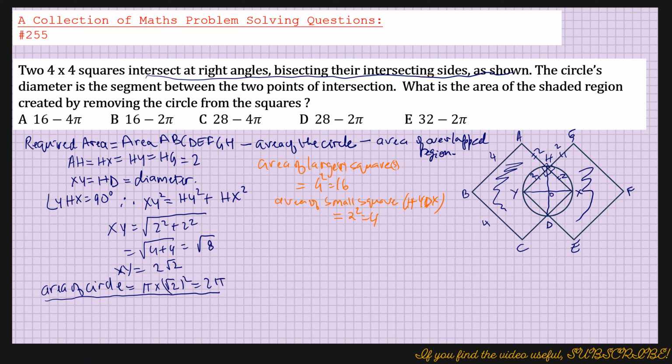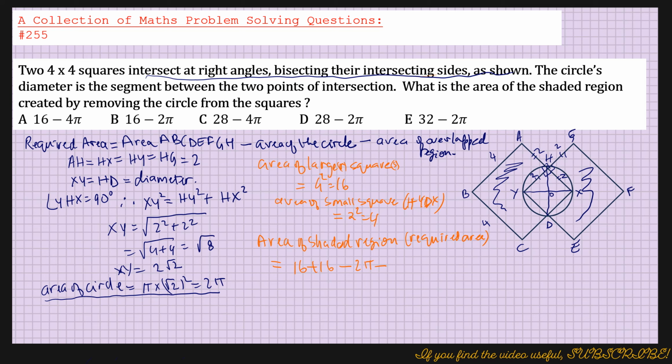So area of the shaded region, or required area, would equal 16 plus 16 minus area of the circle, that is 2 pi, and minus we have to take out the area of the small square, because that is double counted.